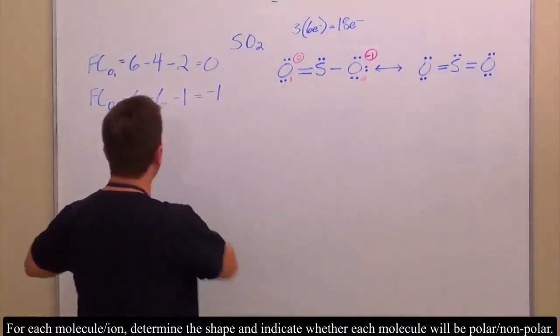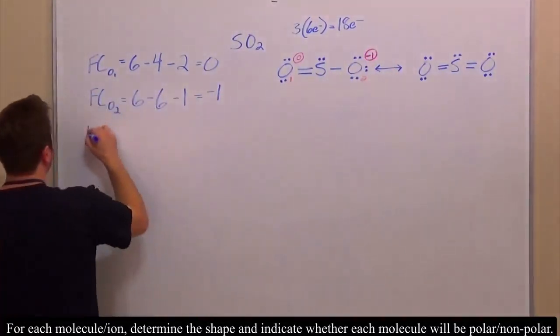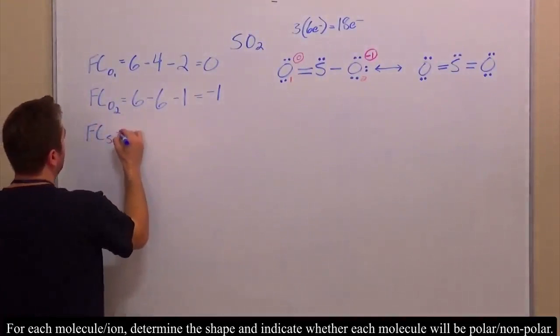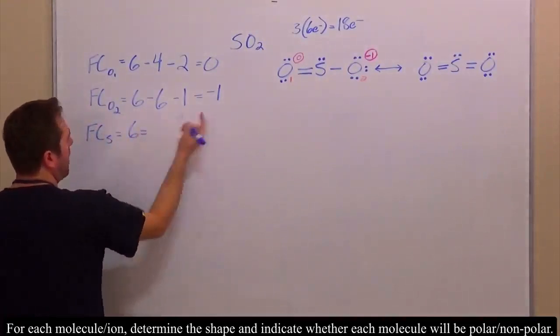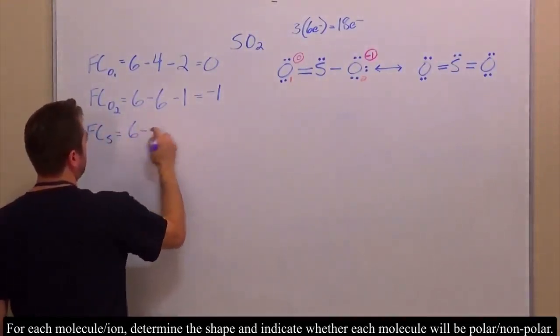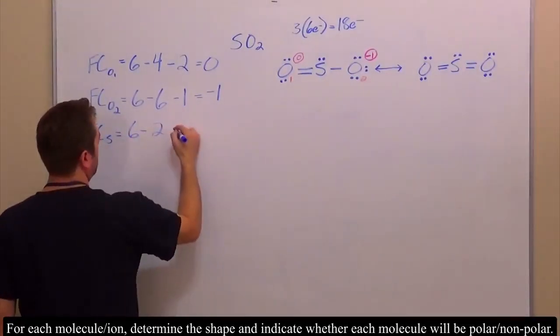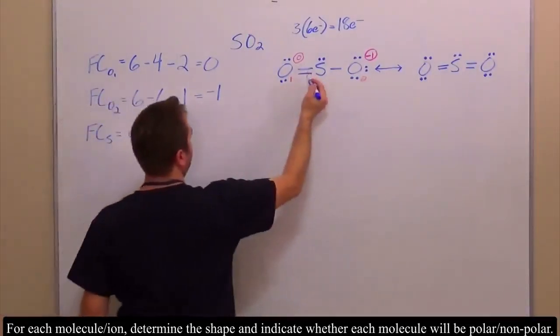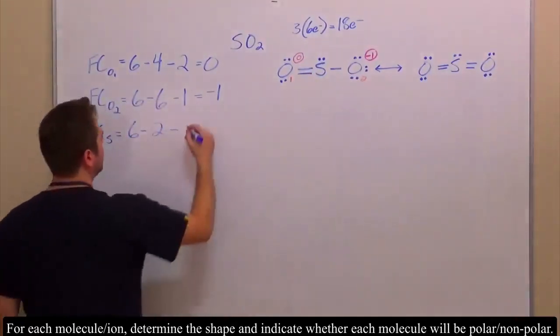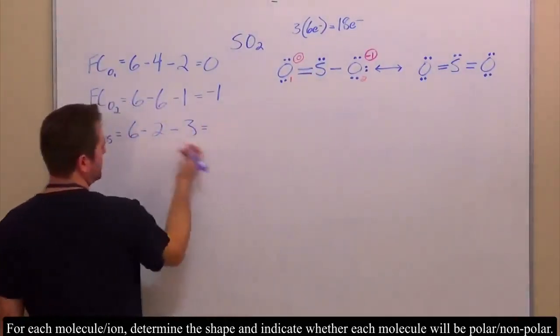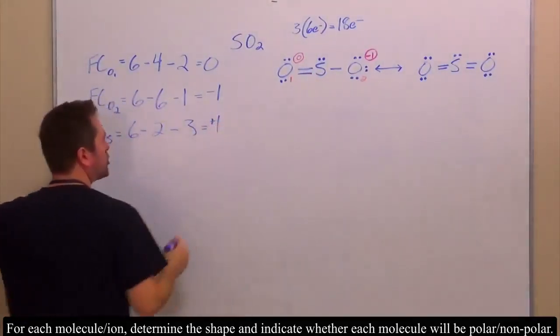All right, what about sulfur? Formal charge of the sulfur is group 6 minus 2 unbonded electrons minus 2, 4, 6 divided by 2 is 3. And so that gives us what? +1 charge.